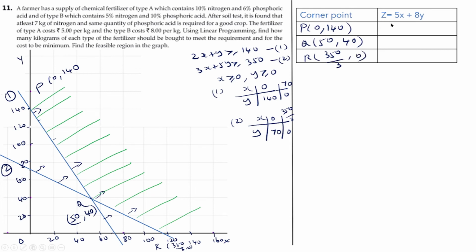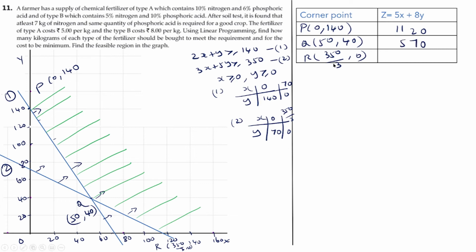Now let us find the value of z at these three corner points. So when x is 0 and y is 140, z is 8 into 140. It is 1120. Next, when x is 50 and y is 40, 50 into 5, 250 plus 320. It is 570.